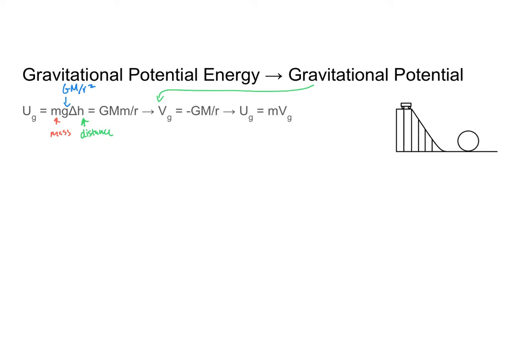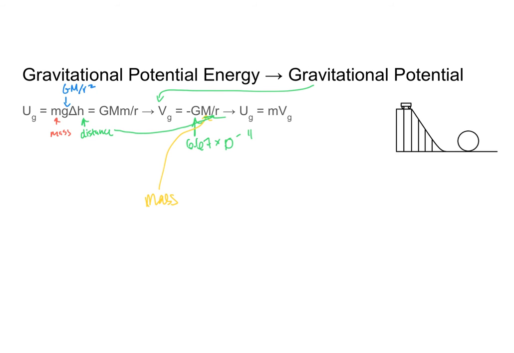So in this case, our gravitational potential is given by G, 6.67 times 10 to the negative 11th, times the mass of the object creating the gravitational field or the gravitational potential. Usually that's some sort of a planet, divided by our distance from the center of mass of the planet.